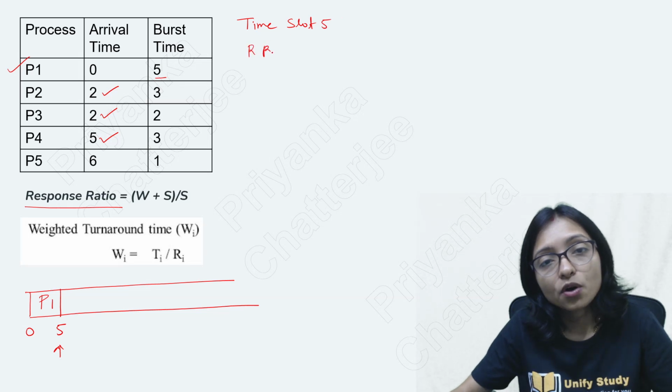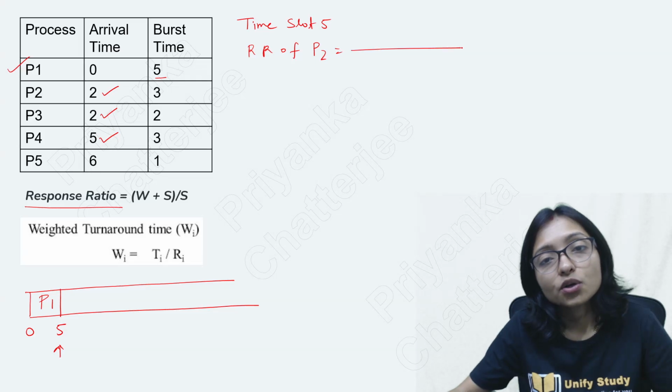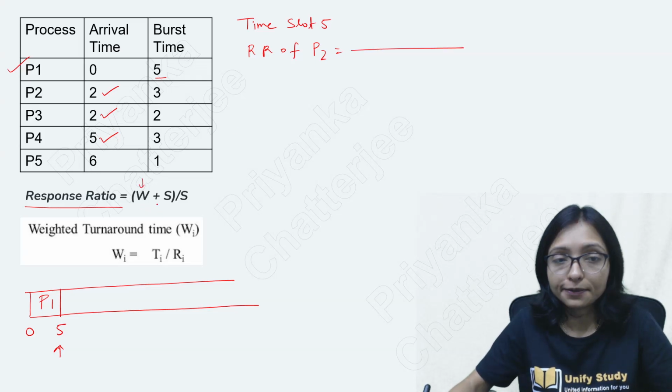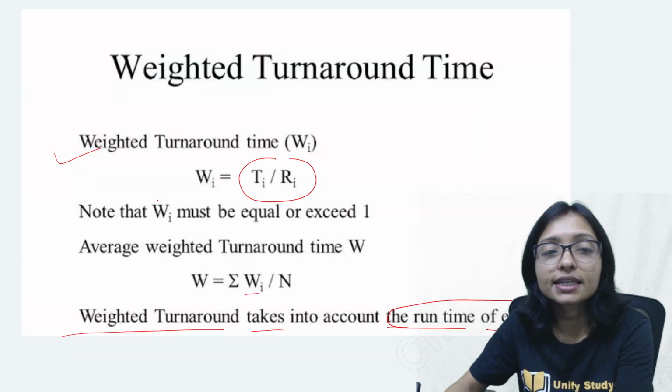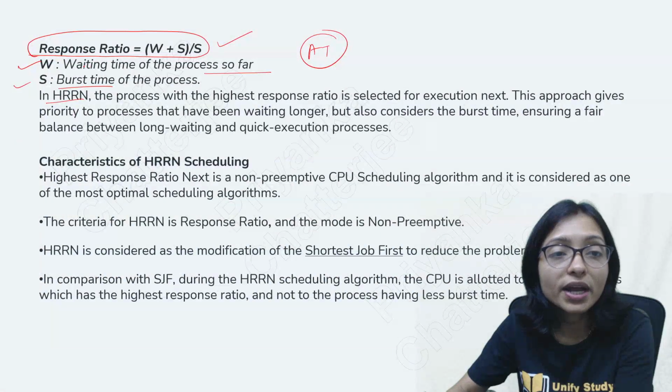What is the response ratio of P2? Time is now 5. W means the waiting time of the process so far, as per the time slot.